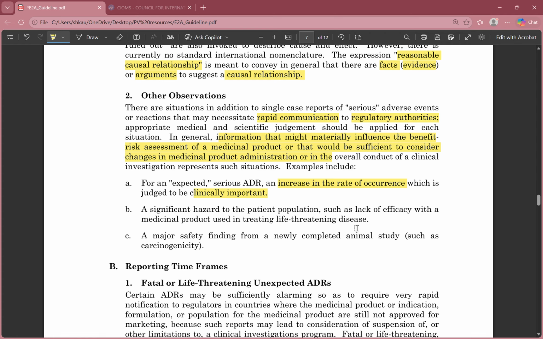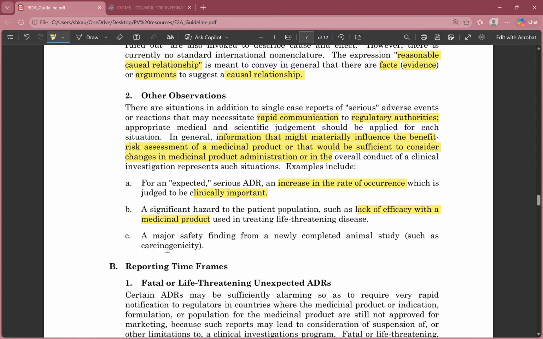If the intended effect is not achieved, and there are many more criteria under lack of efficacy as well, but for now a general overview of what lack of efficacy is. So LOE in serious conditions, like the drug was used for a life-threatening disease, let's say, and it does not work as it was expected to work. So definitely it is supposed to be a serious risk to the patients, right? So this has to be reported rapidly.